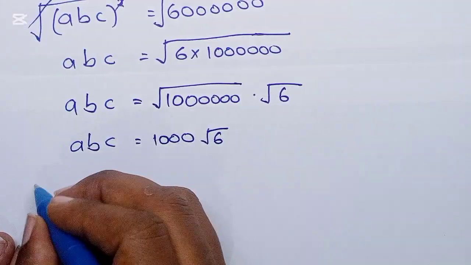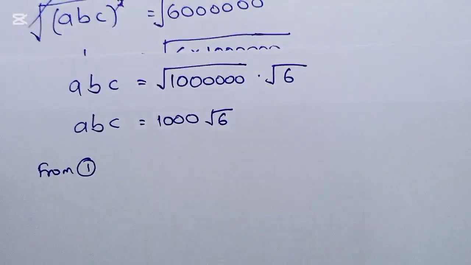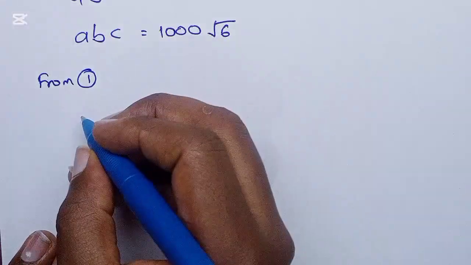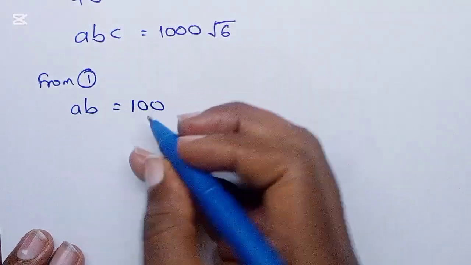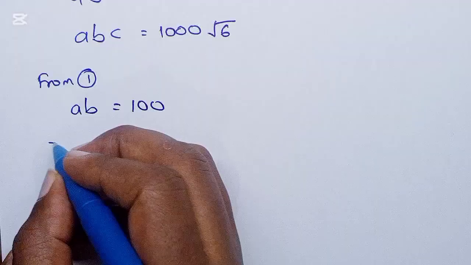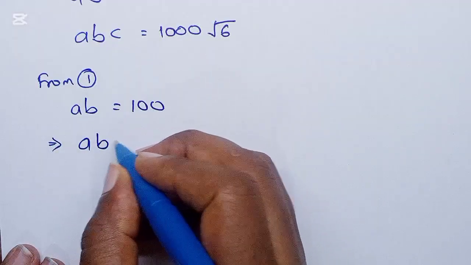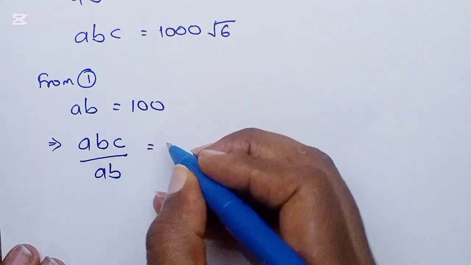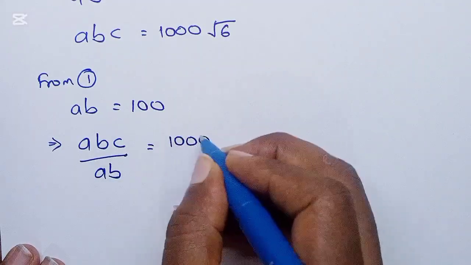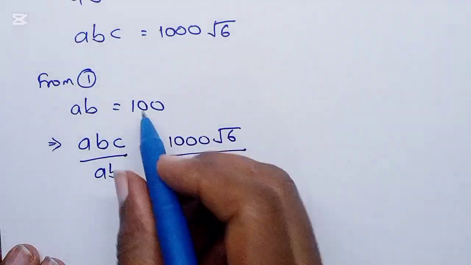Now from equation 1, AB is equals to 100. This is our equation 1. So if we are to consider ABC over AB, this would be 1000 root 6, which we've got for ABC, over our AB which is 100.